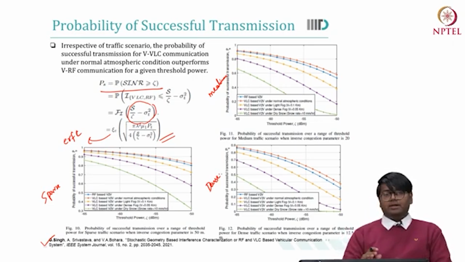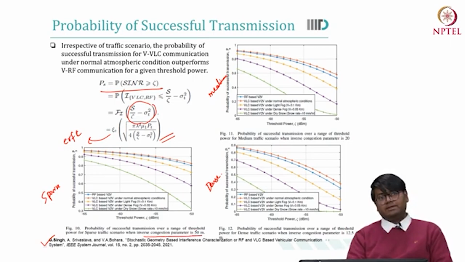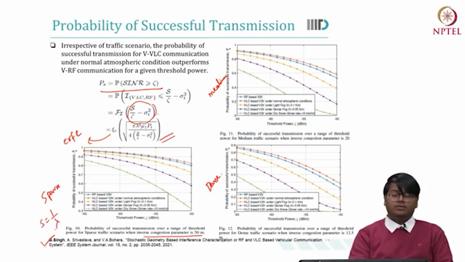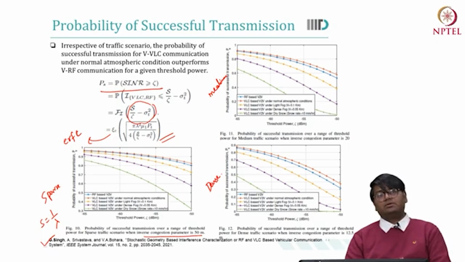One can characterize these different traffic scenarios using a parameter called the inverse congestion parameter. In traffic flow theory, the inverse congestion parameter is related to the vehicular density. It is defined as the inverse of the vehicular density. Here the inverse congestion parameter is 50 meters, which is basically the distance between two consecutive vehicles.